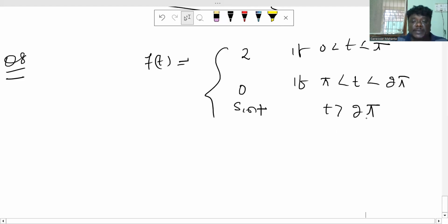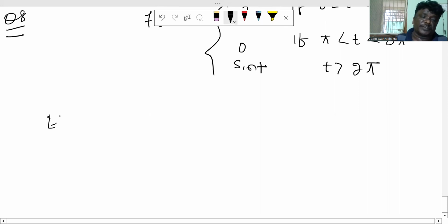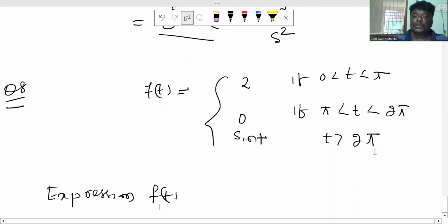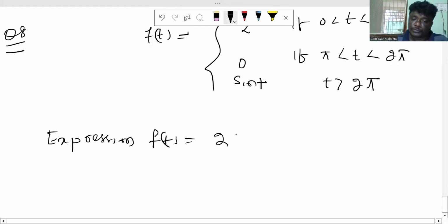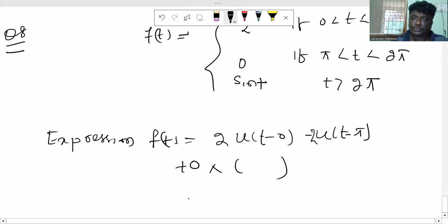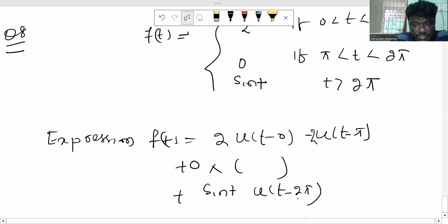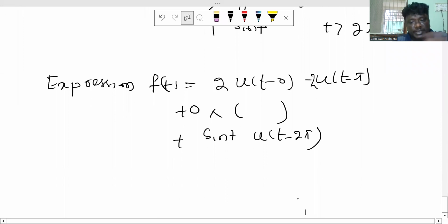We will do it using the unit step function only. So we express f of t: the first value is 2 into u(t minus 0) minus 2 into u(t minus 5), one part, plus 0 into another term, that is 0, plus sin t into u(t minus 2 pi). So this is the shifting theorem. Our expression is now in the form of the shifting method.